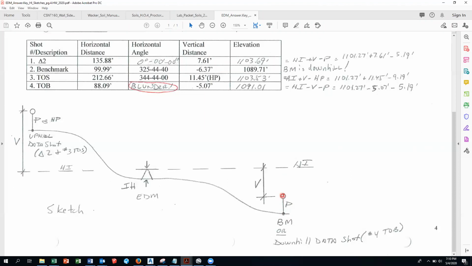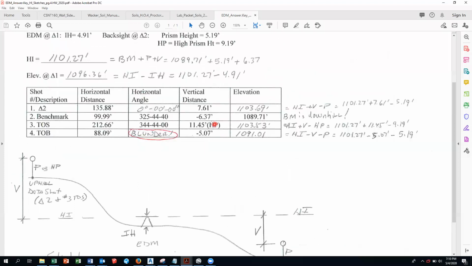So this is why I wanted you to put in a sketch. If you go up here, HI, there's the benchmark, plus the prism height, plus the vertical distance. And a lot of you subtracted that, and that's why your data was wrong.